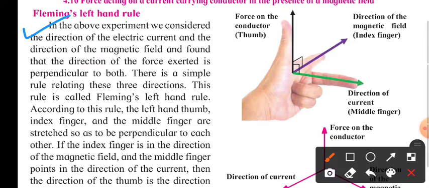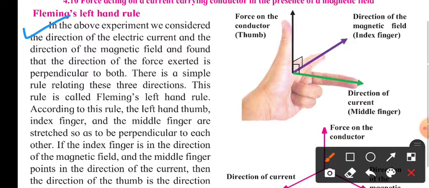What we have to do is stretch the first two fingers and the thumb, and arrange them like a three-dimensional axis. Three-dimensional axis means the thumb, index finger and middle finger should all be perpendicular to each other.